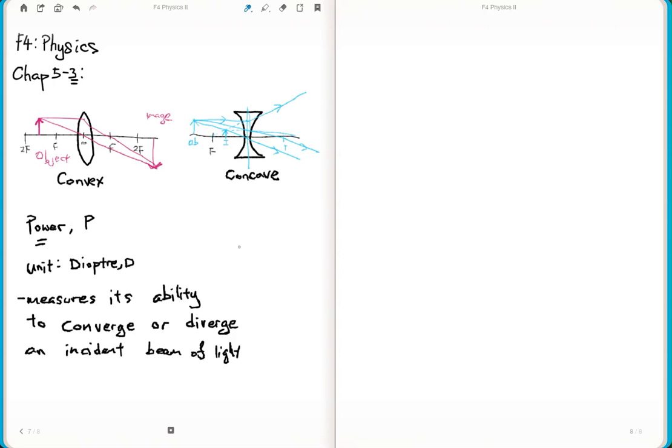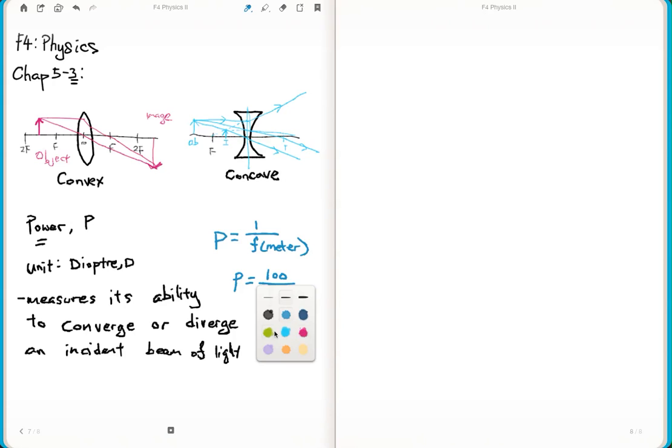Okay, without so much wording, how does the calculation work? It's simple. Whenever a question asks for power, power is actually 1 over the focal length, measured in meters. If it's not in meters, convert it to meters. If you're given centimeters, then power is actually 100 over the focal length in centimeters.